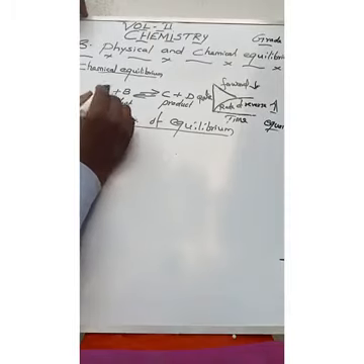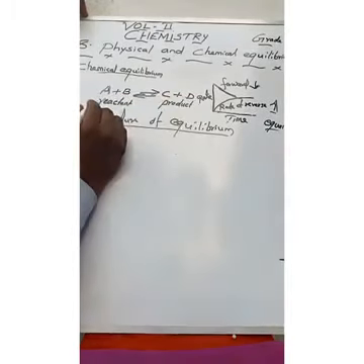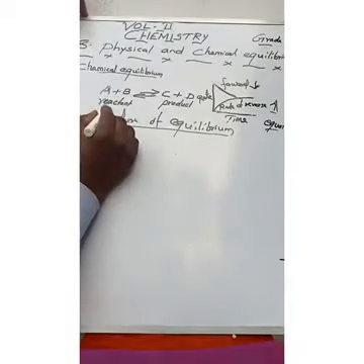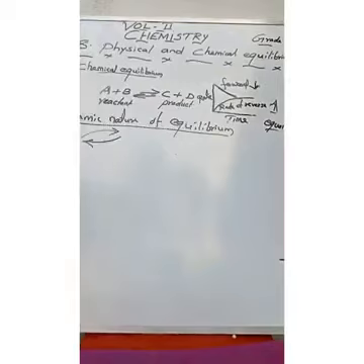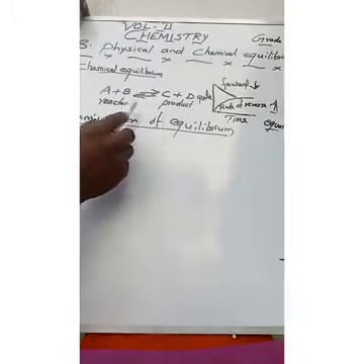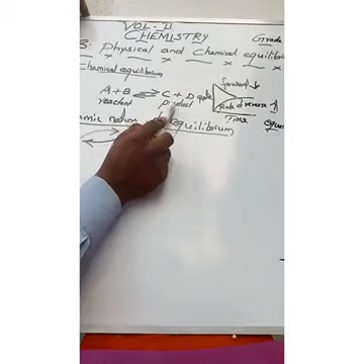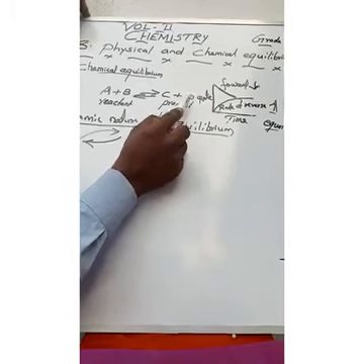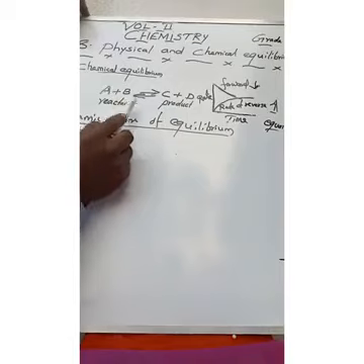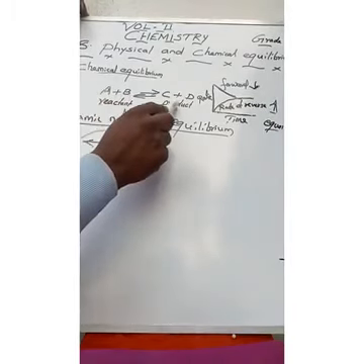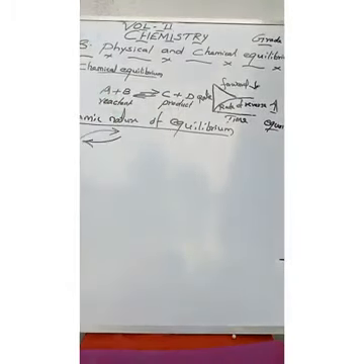For example, in the previous equation A plus B gives C plus D, A and B are the reactants, and C and D are the products. The reactants react to give the products, and in the reverse reaction, the products C and D react to give back the original reactants. That is the dynamic nature of equilibrium: both forward and backward reactions occur.